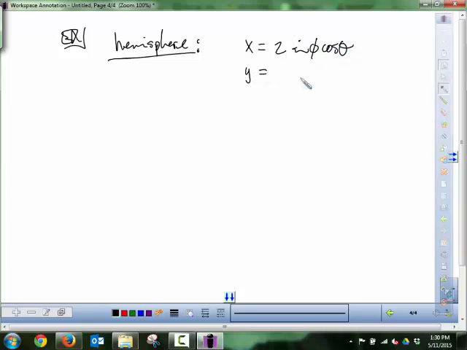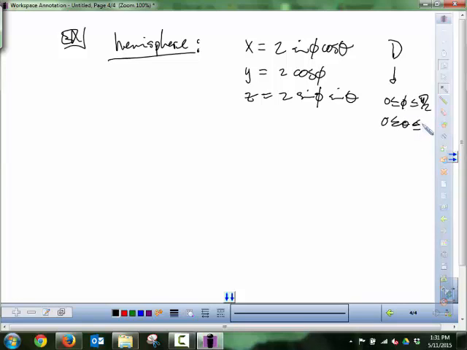Your y, we switched it, is equal to 2 cosine phi, and your z is equal to 2 sine phi sine theta. So this is your parameterization. Your domain D is given by the limits 0 to pi over 2 for phi, and 0 to 2 pi for theta.